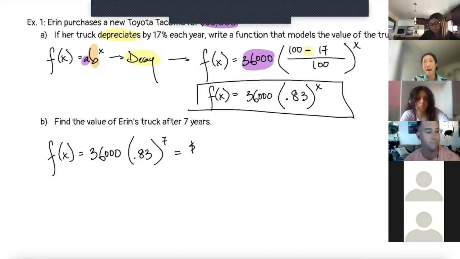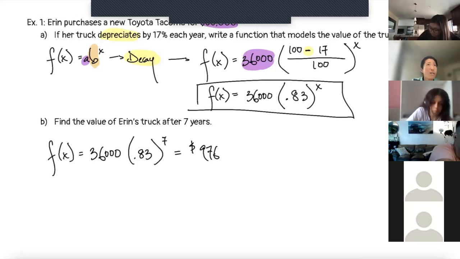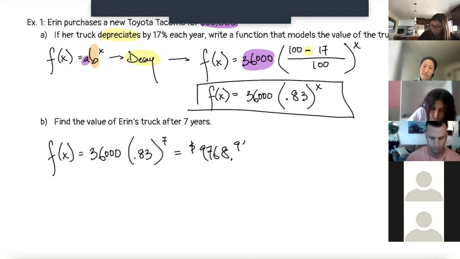And so for our monetary purposes, we go for 2 decimal points because we're looking at dollars and cents, right? And so we should get 9768.98 if we round that last cent. There we go.